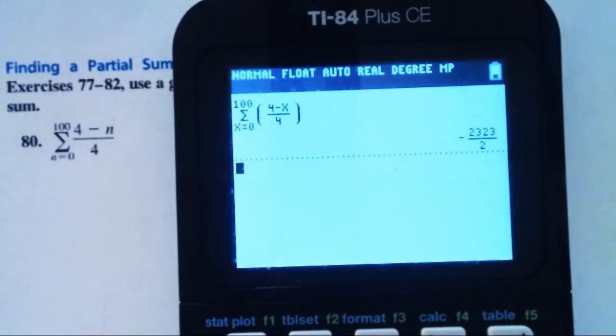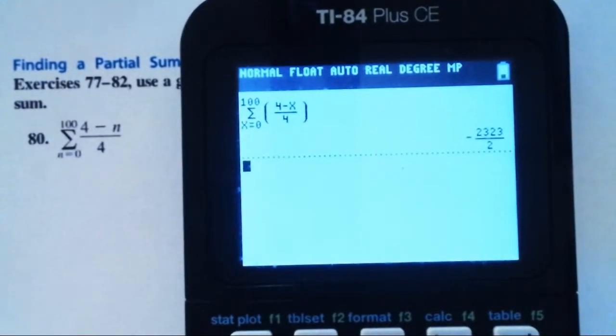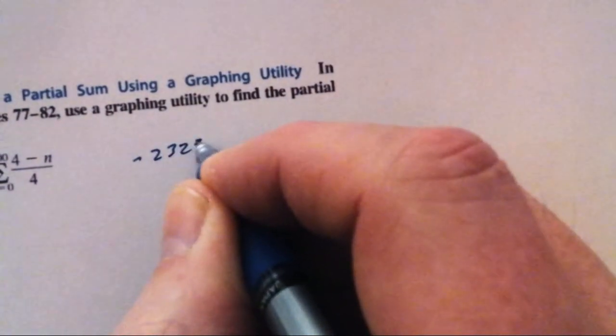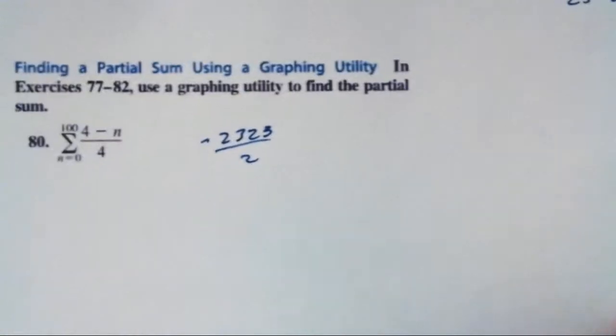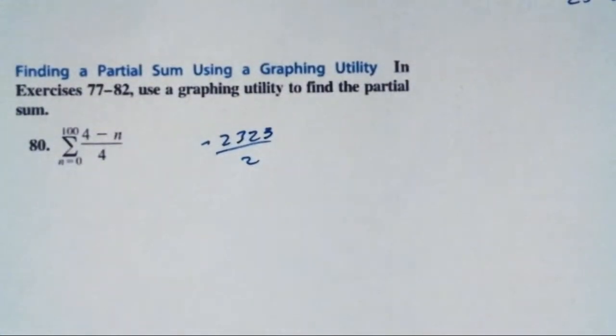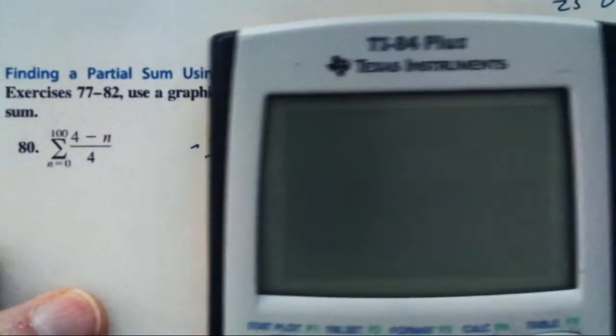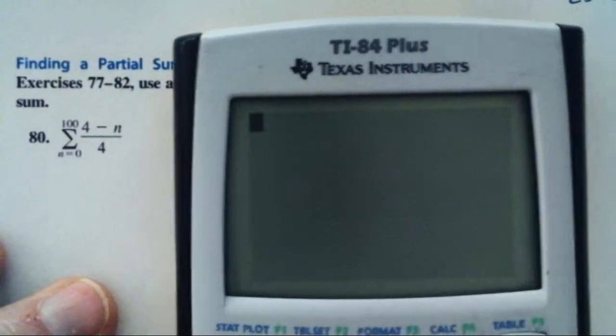And it takes a little bit of time to think through that. And we get negative 2323 on 2. And you can list that as a decimal if you'd like. Okay, if you do not have that, here's what we would need to do on this, an 84 Plus that does not have that feature.